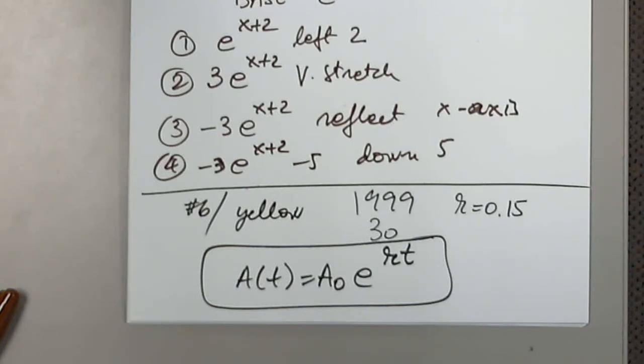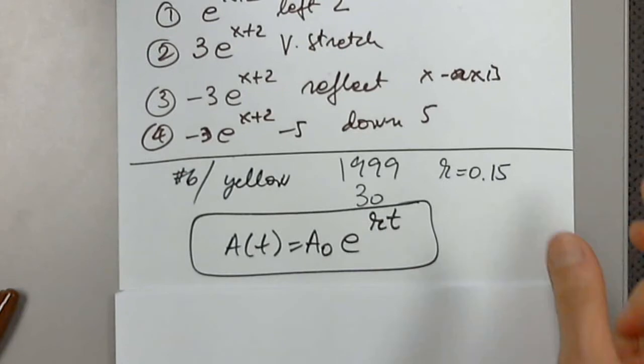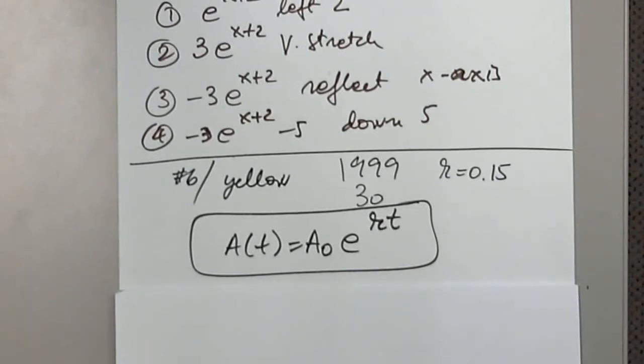For example, till about a couple of years ago, the population of Germany was decreasing, so that was a population that was not growing exponentially. Good. Is there anything else? No, for now.